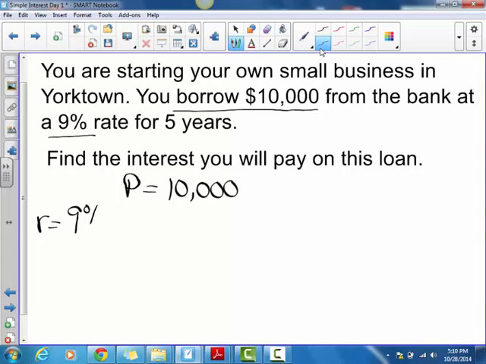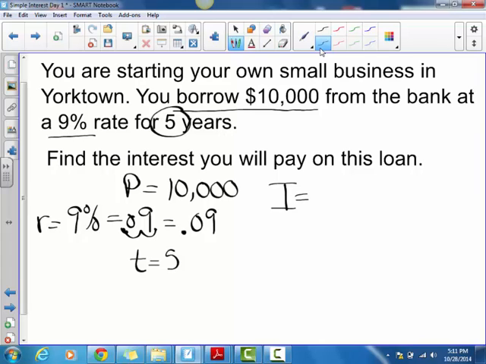So in order to write a percent as a decimal, we drop the percent sign and move the decimal place 2 places to the left. 9% equals 0.09. The time is 5 years. T equals 5.